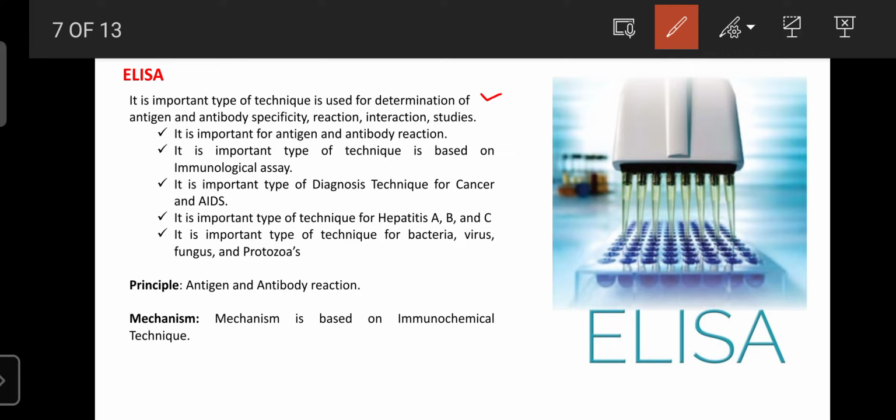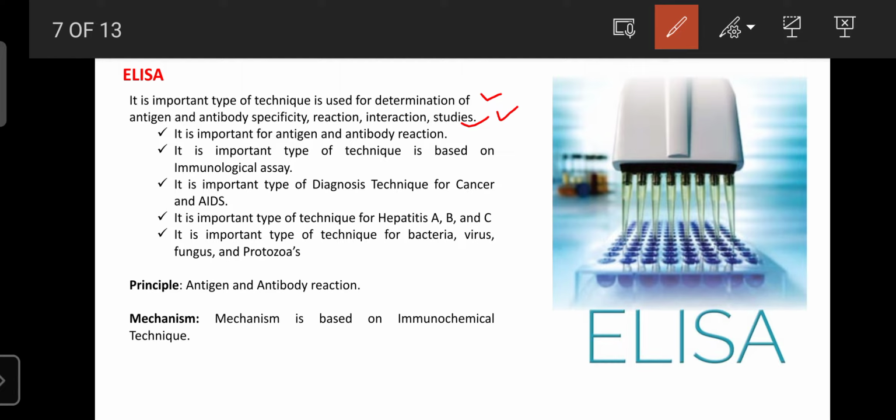So the targeting molecule, the specificity regarding antibodies and antigens, is determined or identified by the ELISA, and it is also helpful for determining antigen-antibody interactions as well as for studies. Studies are also important for antigen and antibody reactions, to note down the status, whether the antigen-antibody reaction forms or not.